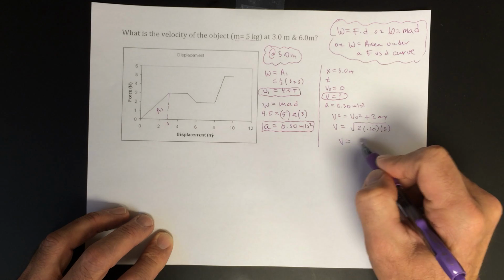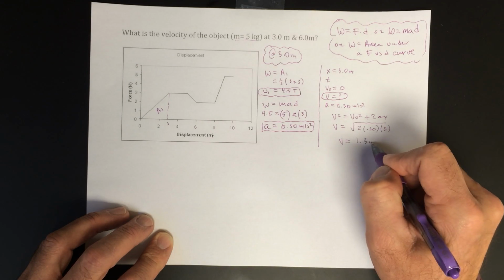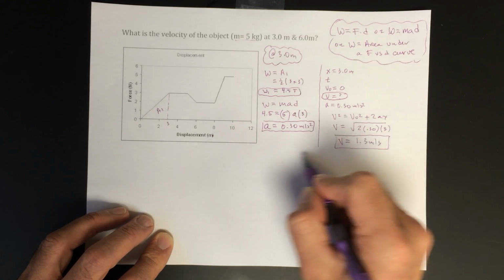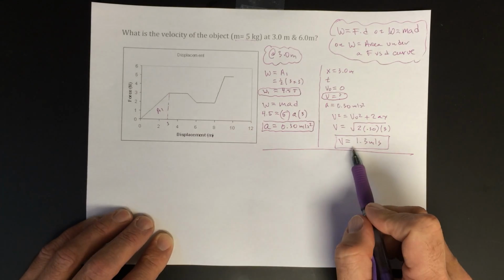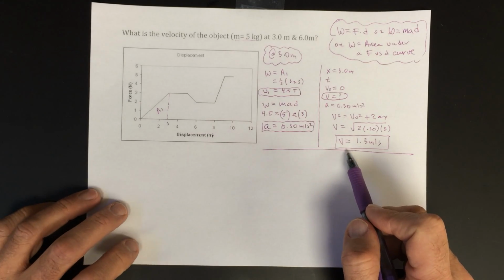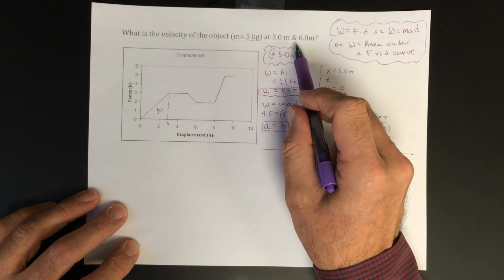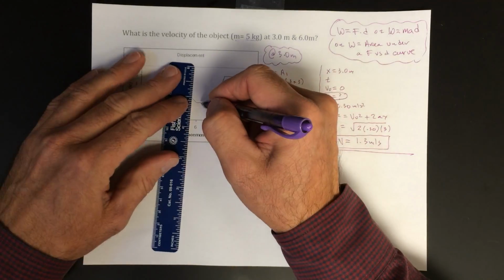So V works out to 1.3 meters per second. So there's the first answer. So in the first 3 meters, the object achieves a velocity of 1.3 meters per second. Okay. So what happens by the time it gets to the 6 meter mark? That would be over here.